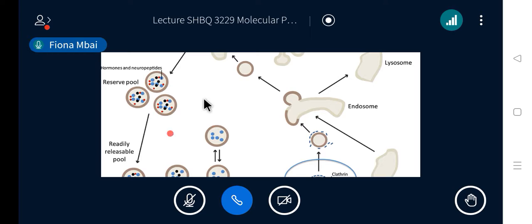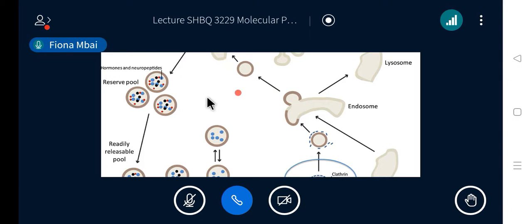Full fusion is if everything in that particular vesicle is being released. So it comes, binds, and releases everything. Now, in clathrin-mediated endocytosis, we've gone through this again, the coated pits. And they take in material, pitches off, comes in, links with the endosome, and goes in.